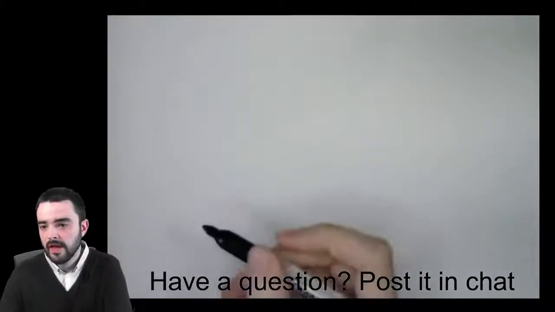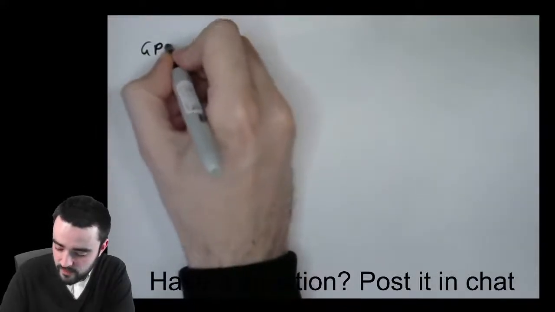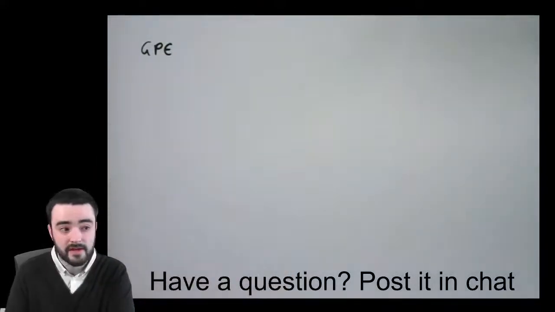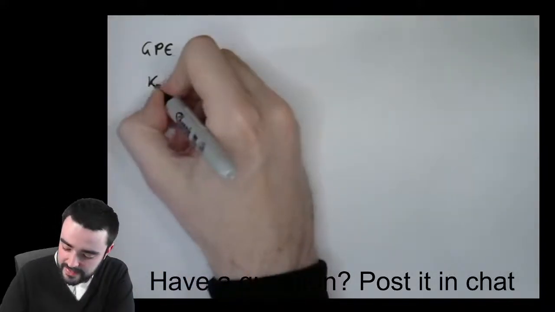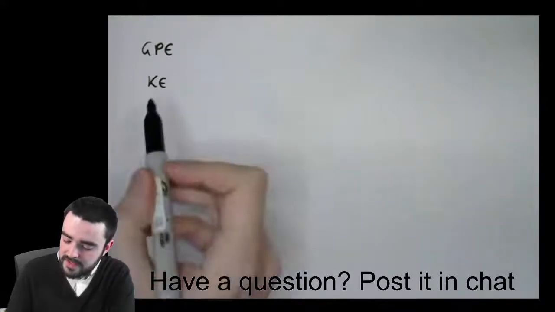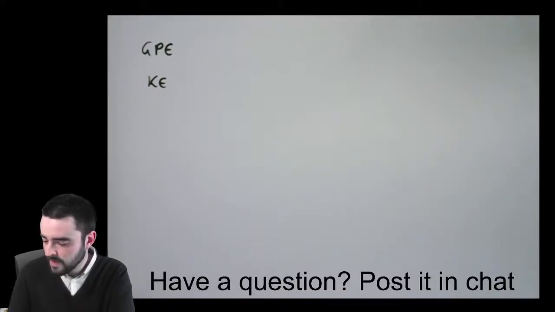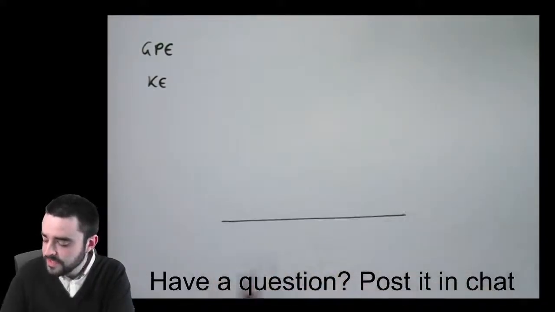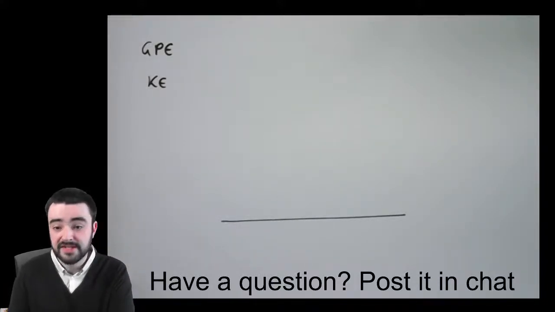For example, two of the energy stores are gravitational potential energy, which I'll call GPE for the rest of time, because otherwise it is a bit long-handed to write out, and kinetic energy. So the energy concept is just a number. It's a way of calculating what's going to happen. Gravitational potential energy is all about things being raised above a gravitationally attractive object, say the planet.